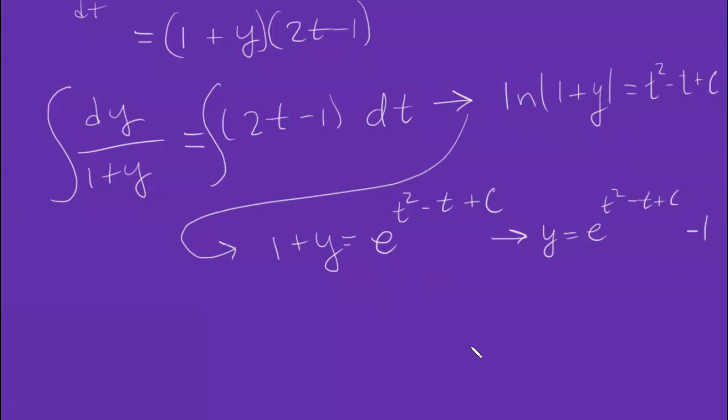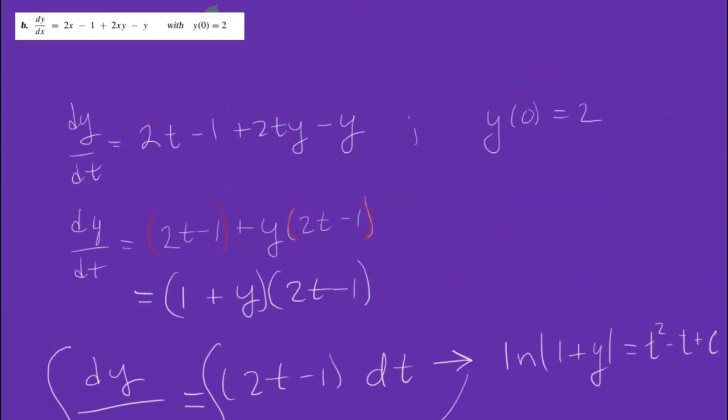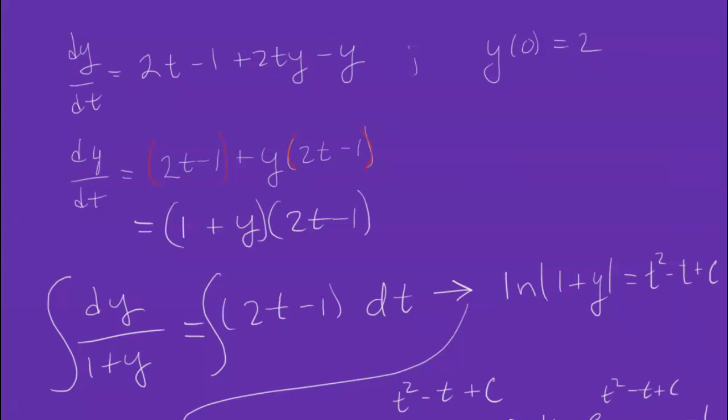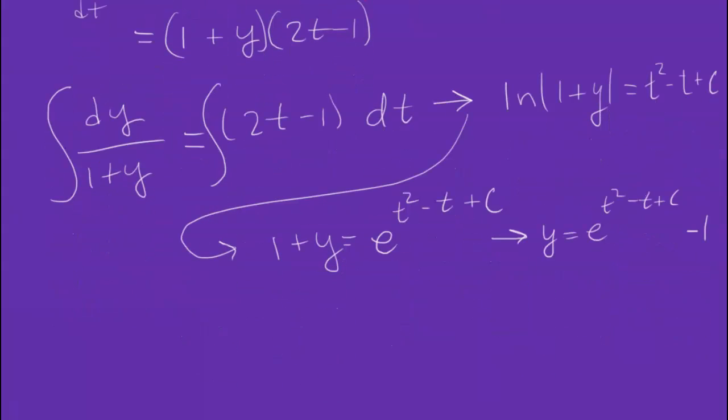All right, great. Now let's go back and think, well, what was our initial condition? We had that up above. Let's go ahead and scroll up right there. Great. So when t is 0, y should be equal to 2. So let's plug that in.